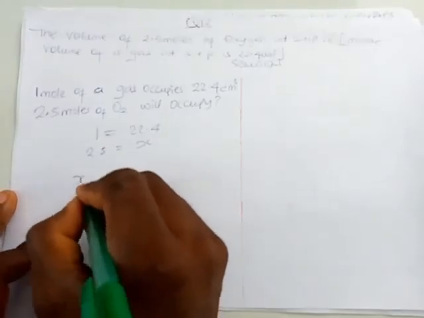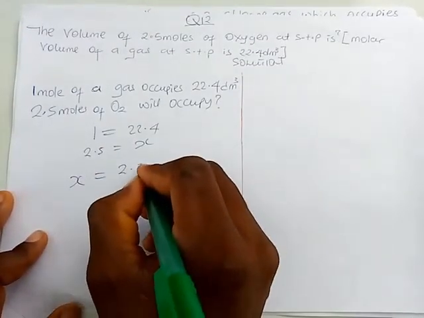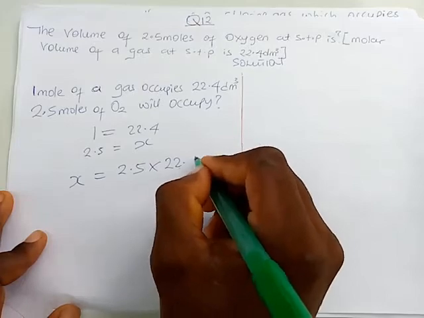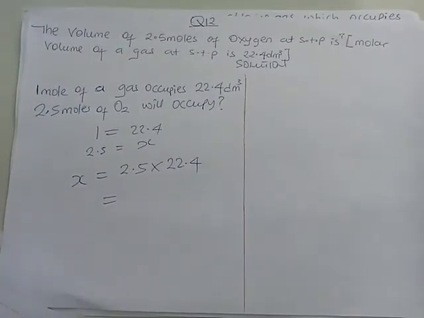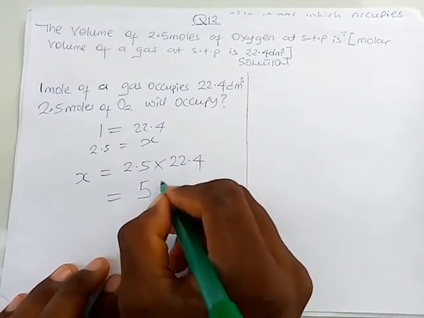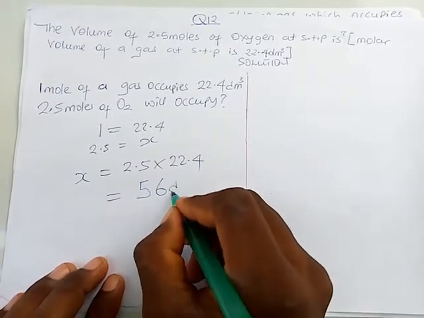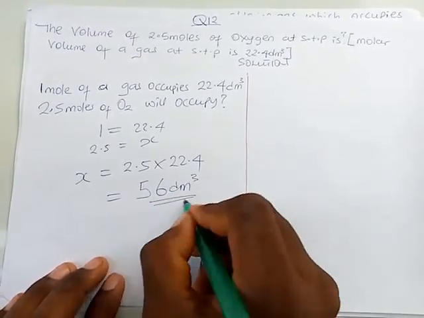Now we have that the x is equals to 2.5 times 22.4, and that will give us 56 dm cube.